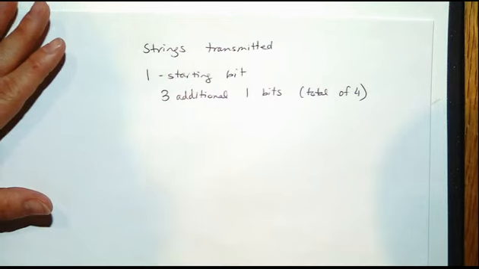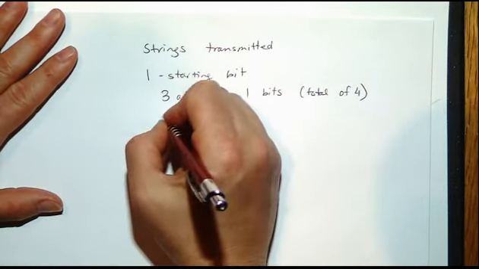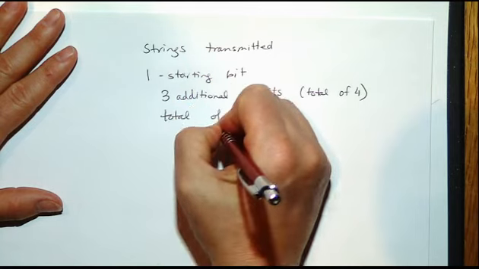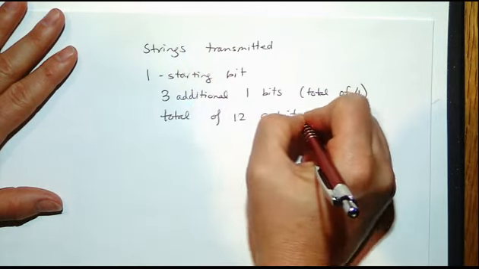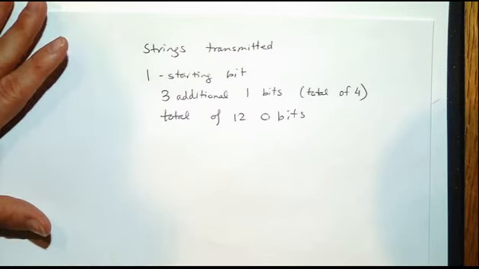So we're going to have exactly 4 1 bits, and we have a total of 12 0 bits. And we have to have at least 2 0 bits following each 1 bit.